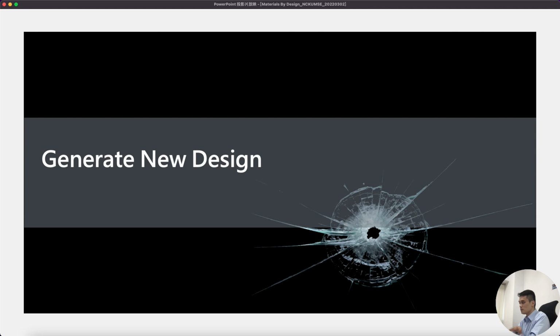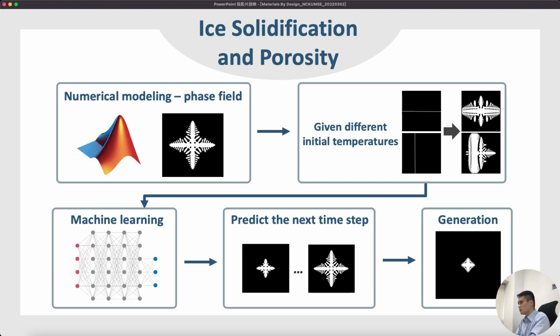Before we talk about synthesizing them, we need to do something first. The first thing is how to generate it. Besides 3D printing, one thing we can do is freeze casting. To generate those architected materials or porous materials, you need to be able to control the porosity or the properties and everything that we need.